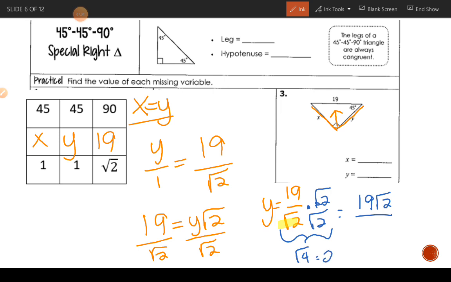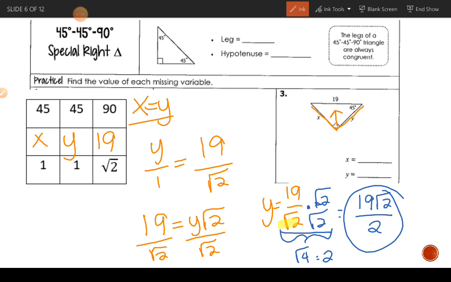The square root of 4 is 2, so ultimately the radicals cancel. So we have 19 radical 2 over 2, and 19 divided by 2 doesn't simplify. That is my answer for x and y.